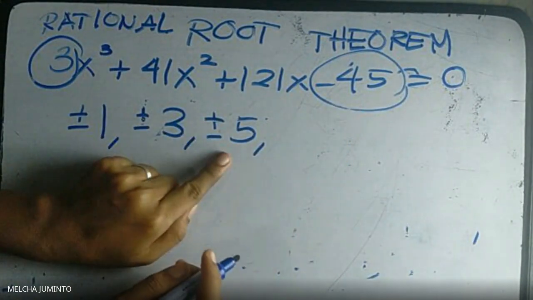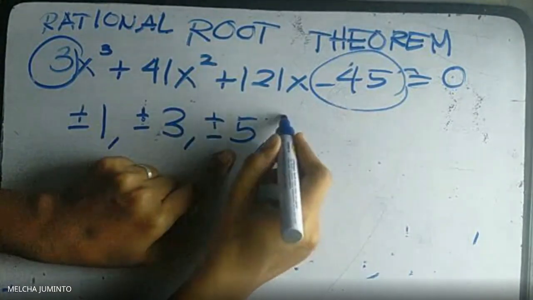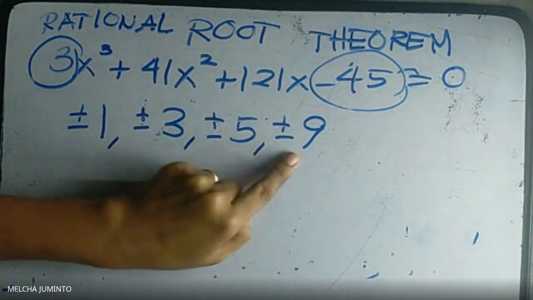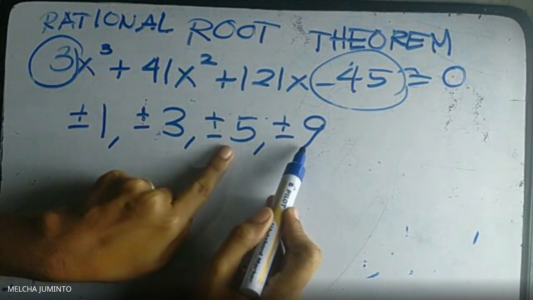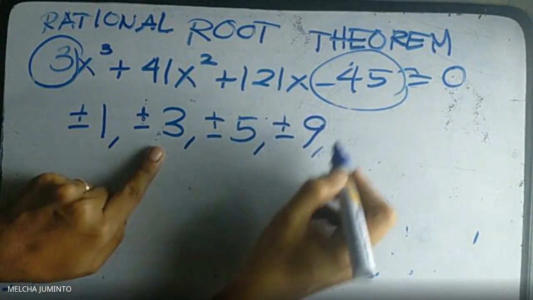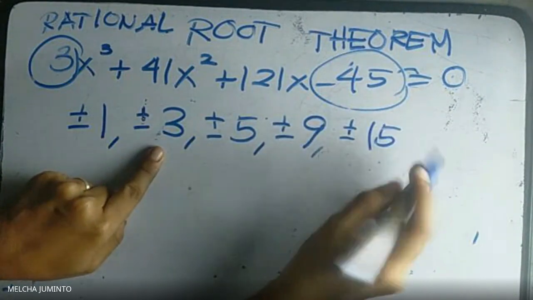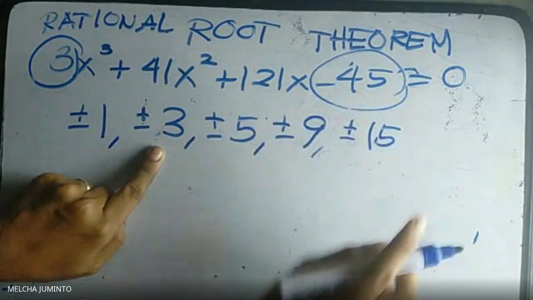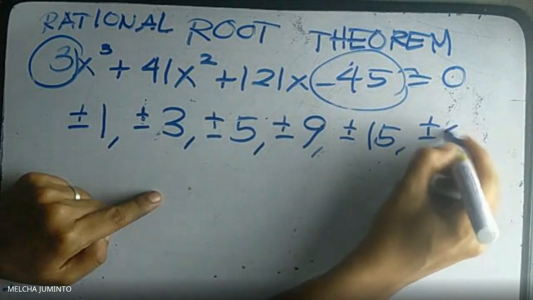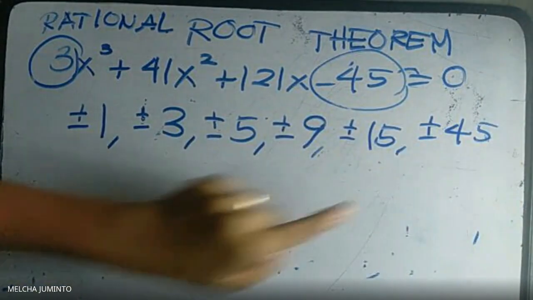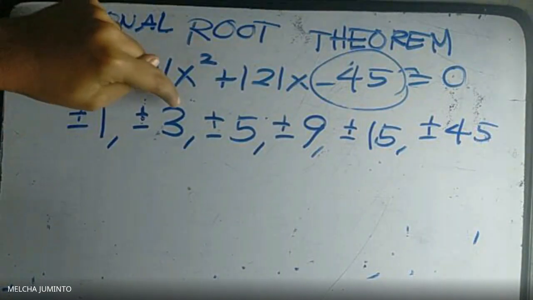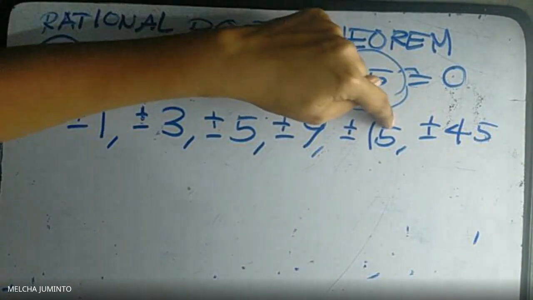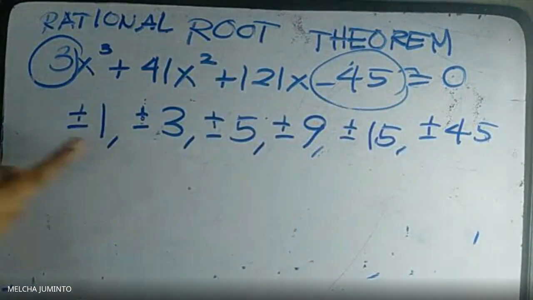Next, 5 times 9 is 45, so 9 is also a factor of 45. At this point, we pair 5, 9, 45. Therefore, 15 is also a factor because 3 times 15 is 45. And lastly, we have 45. So these are the factors of 45: 1, 3, 5, 9, 15, 45, including the positive and negative values of these numbers.